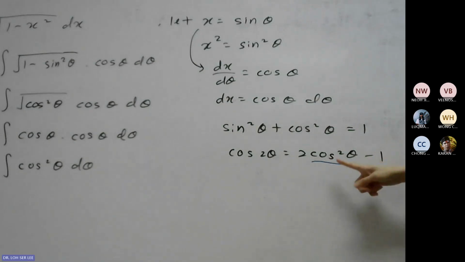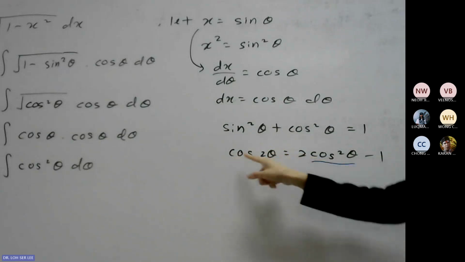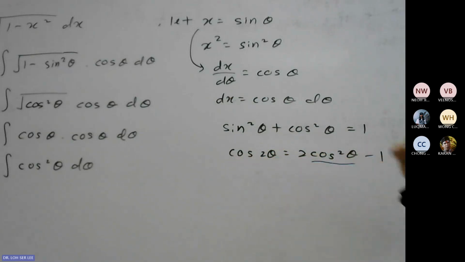Okay, so your cos square theta is, move this to the left, you have cos 2 theta plus 1, and then divided by 2.